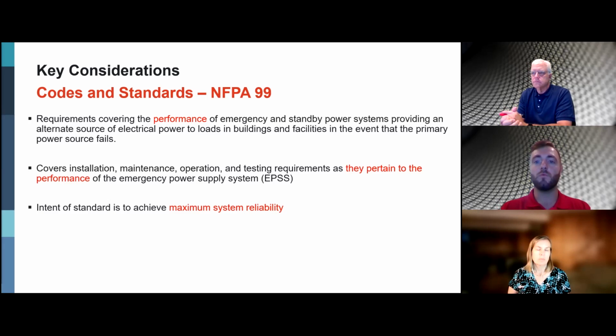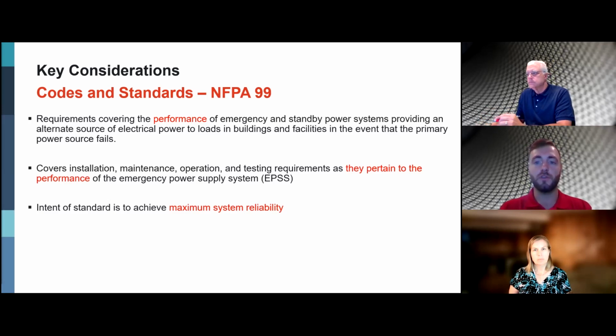Within this code, there is a wide range of topics covered. However, for emergency power supply systems, you will want to take a deeper look into Chapter 6. Within Chapter 6, NFPA provides guidelines very similar, but not an exact copy of NFPA 110, that lay out the requirements as it pertains to the performance of an emergency power supply system.